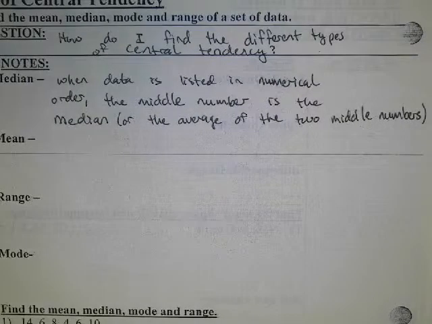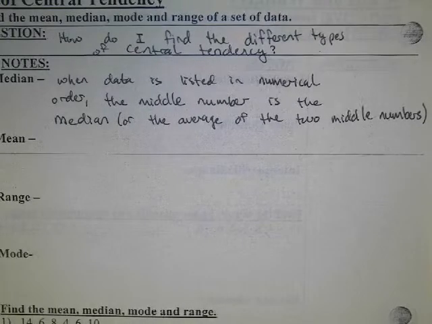So when data is listed in numerical order, the middle number is the median, and in some cases, when you have an odd or an even number of numbers, you'll have to take the average of the two middle numbers.